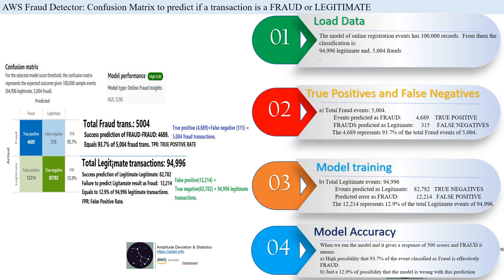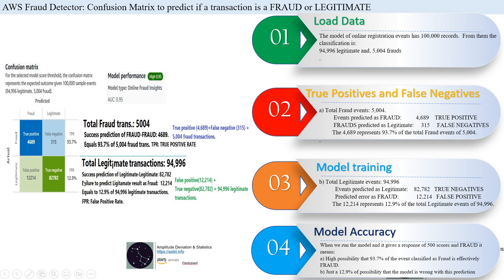Okay, so we have to evaluate our model. When we get this response, that means that we are catching 93.7% of fraud events as a true positive rate, but we have to accept the risk of a false positive rate of 12.9% that classifies legitimate transactions as fraud.